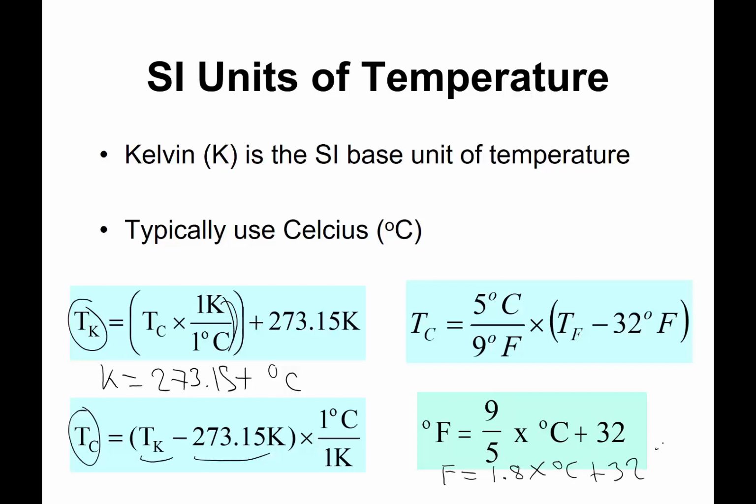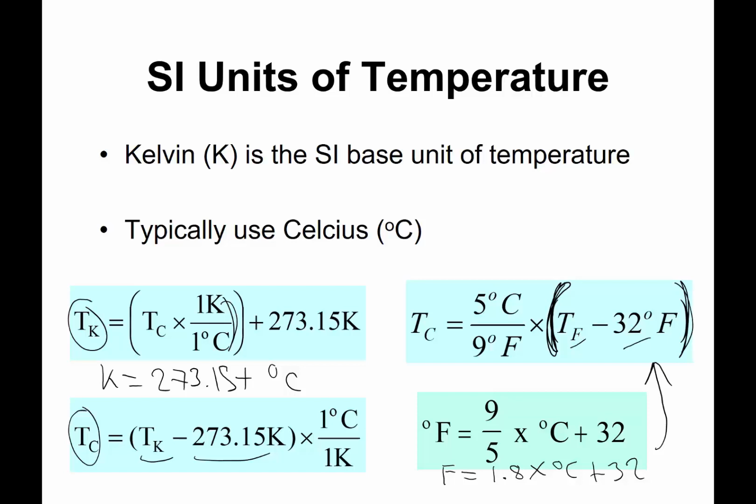And the other way, you can take this formula and rearrange it, but then you don't follow the same order of operations. You have to take the temperature in Fahrenheit and subtract 32 before you apply the 1.8, or in this case 1 divided by 1.8, or 5/9.